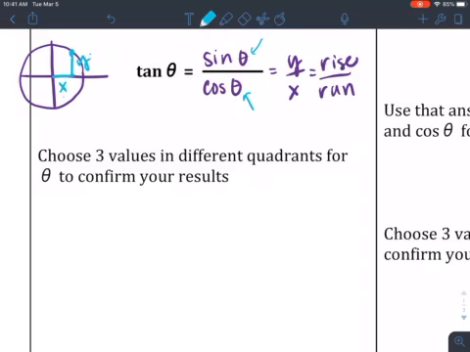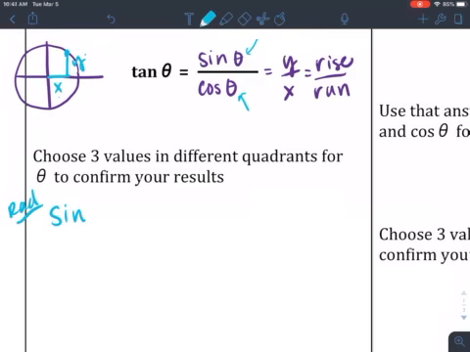I'm going to do the sine in radians of 1 over the cosine of 1, and see, does that equal the tangent of 1? When I put it in my calculator, these values are equal. Try another, and another, and make sure that this is true. If you ever find one that doesn't work, then you've disproved this identity. So this identity has to work for every angle that you put in.